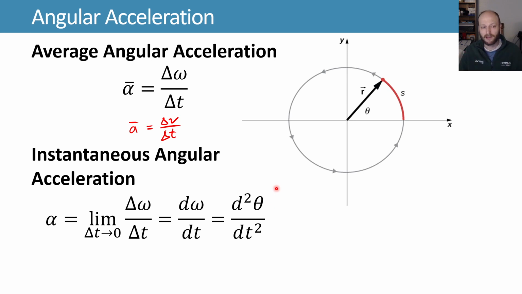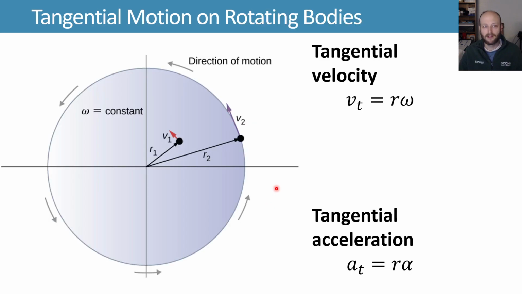There's one other thing to mention here, which is that we have some tangential motion on rotating bodies that we can define using these quantities, where we have tangential velocity is r omega, and tangential acceleration is r alpha. This is similar to how we had s was r theta.